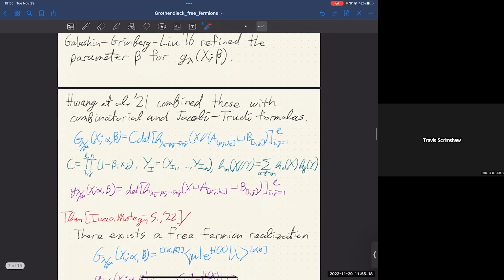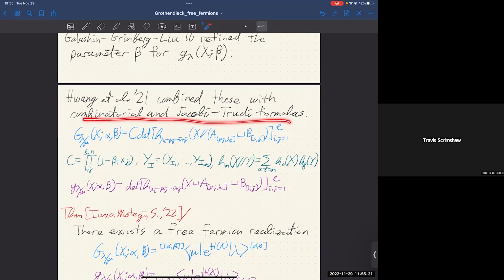And we'll just take as a definition this Jacobi-Trudi formula for the big G's. So I have my alpha and my beta. These are alpha 1, alpha 2 sequence of parameters, and same for beta. And I have this supersymmetric homogeneous symmetric function, but I have this double slash where it's not the same as the single slash.